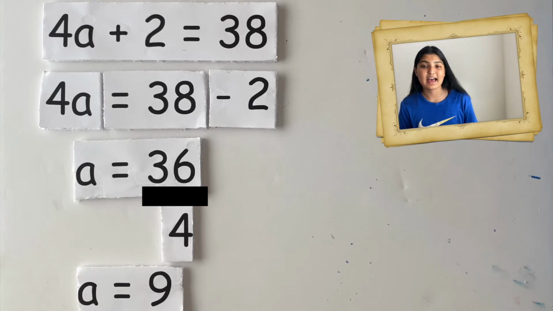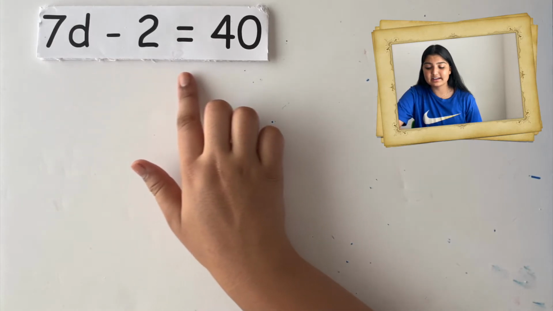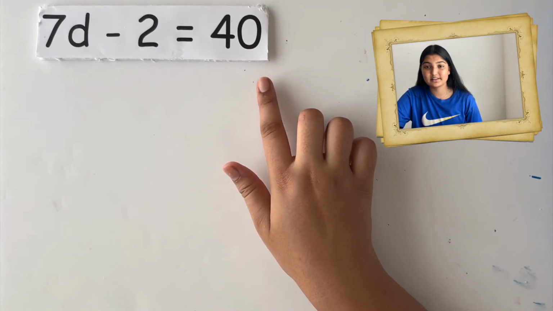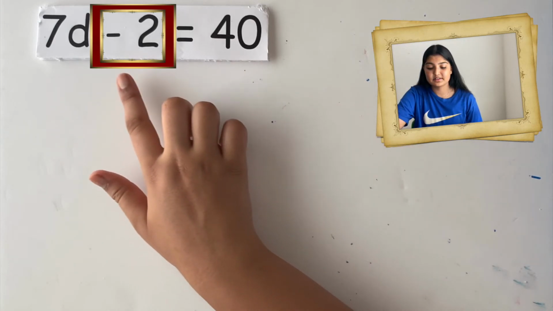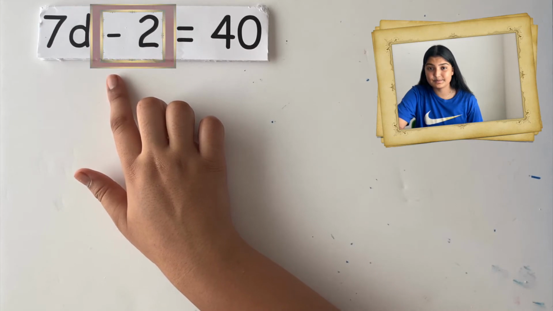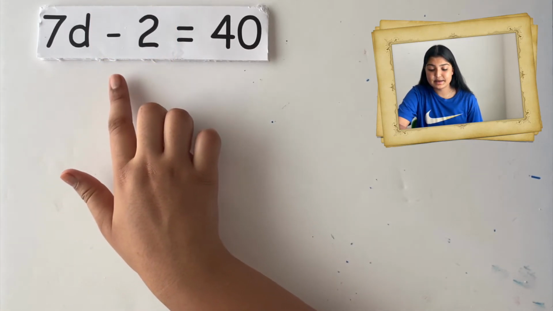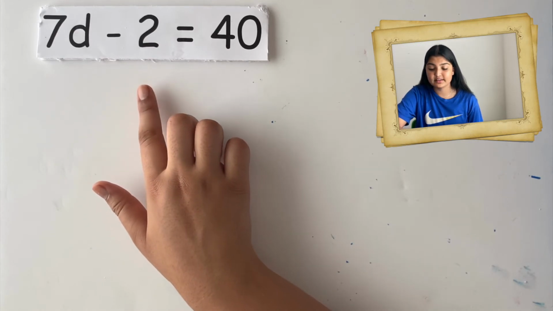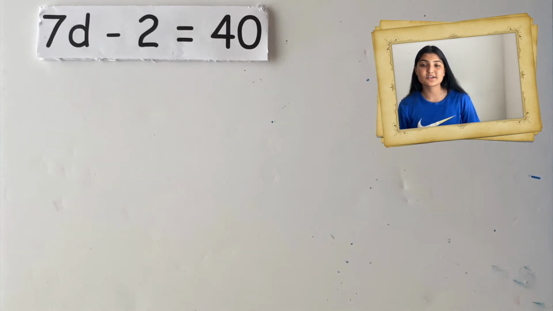Let's look at another example. Here's another equation. Notice that in this equation, the constant term is negative. 7d minus 2 is equal to 40. Let's start by writing this equation again.